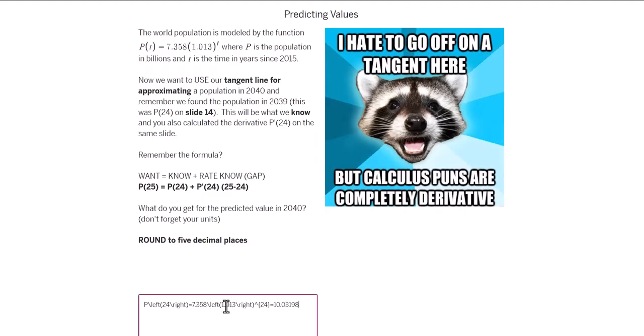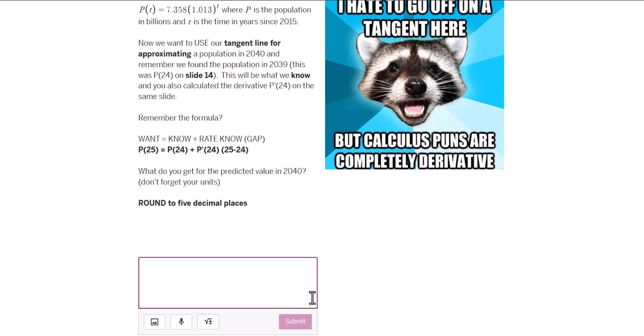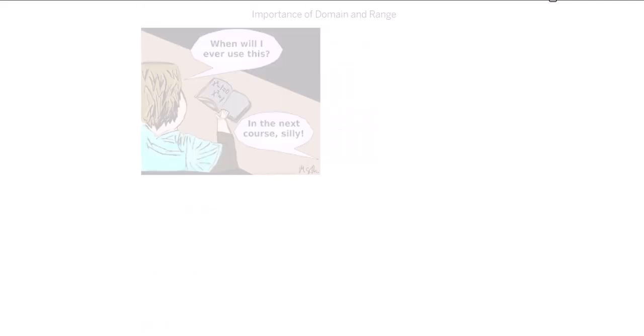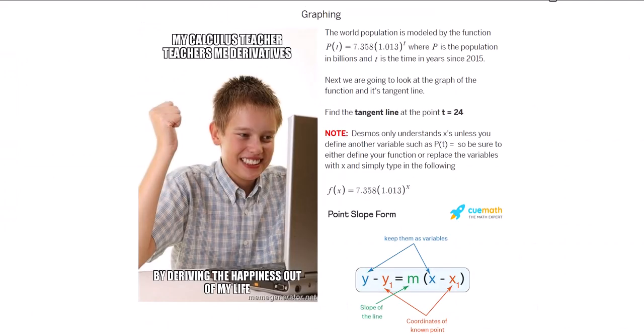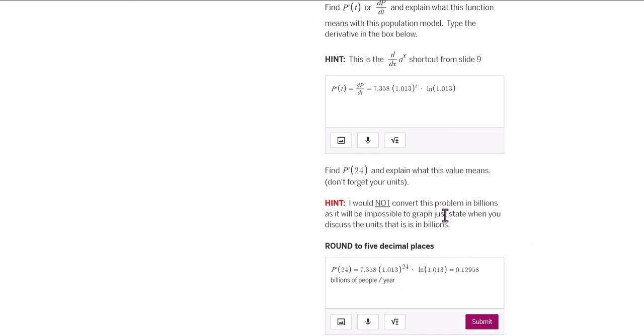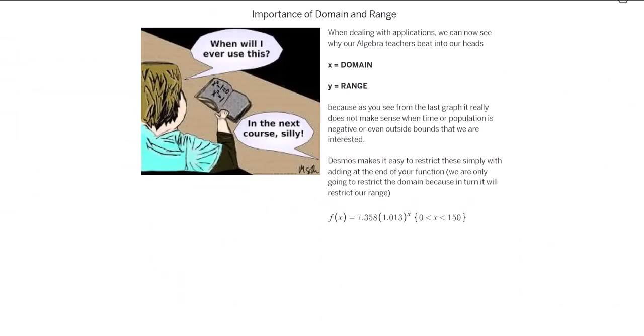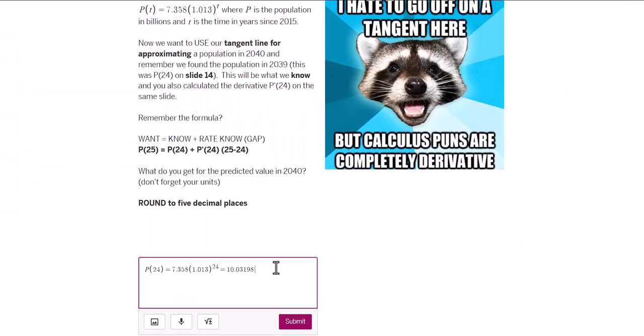And then my P prime of 24, which is right here. I don't really care about all that because I did this already with my calculations. I just need the numbers.